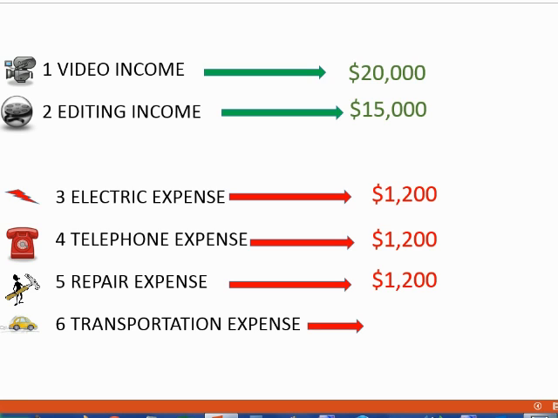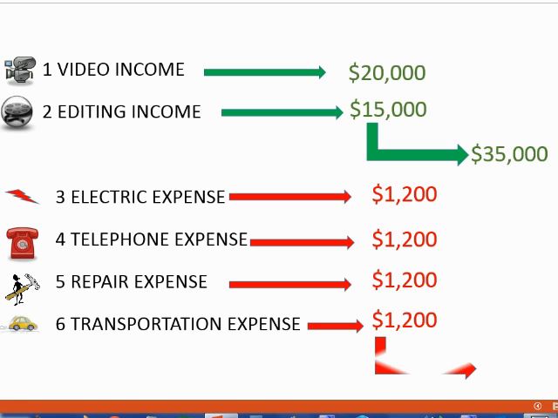If Holden only paid 4 expenses and he paid $1,200 for each of his expenses, it would be easy for him to calculate the total of all the money that went out. So if this were his condition, then you would know the total money that came into the business was $35,000, which was the result in our good example, and the total money that went out of the business was $5,000, which was the total in our good second example.